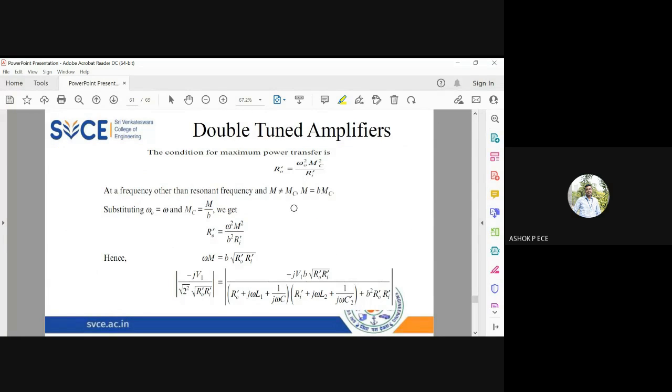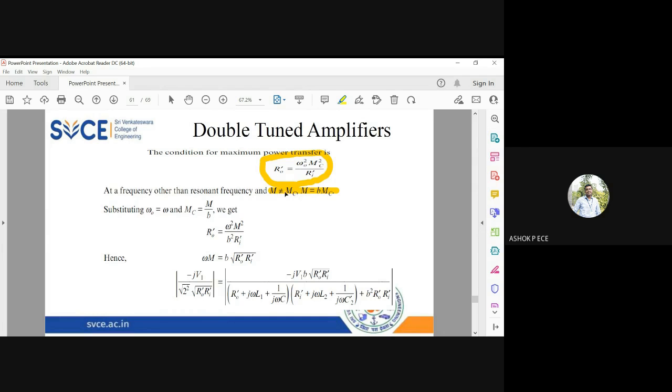And you know that the condition for maximum power transfer is this one. And we are not going to find the thing at resonance. We are going to find what is the maximum power transfer other than at the resonant frequency. So you can see here, we will take M equal to B into MC and K equal to B into KC. So we are going to use that expression for finding out the frequency.